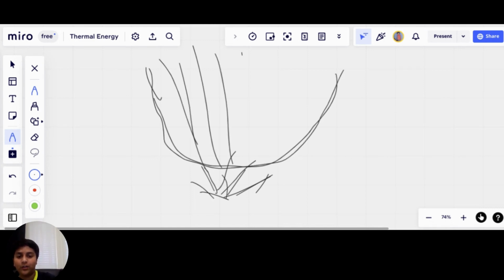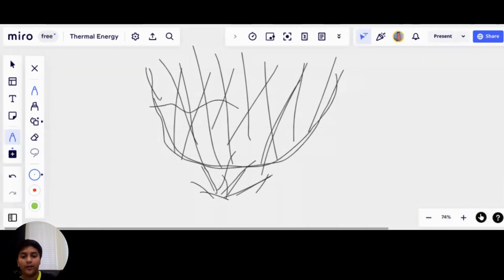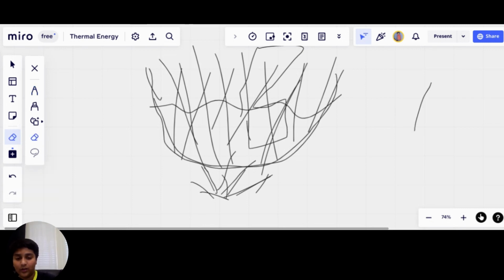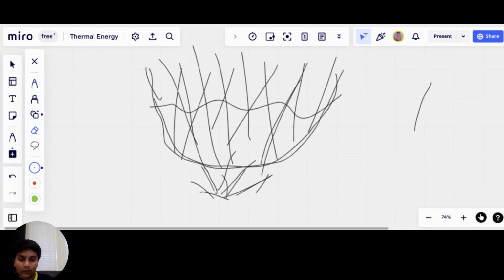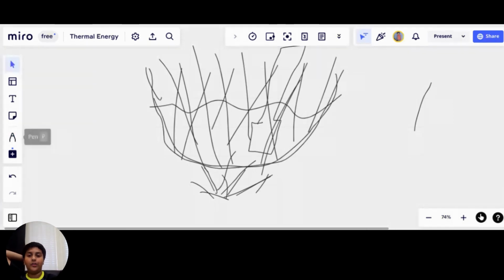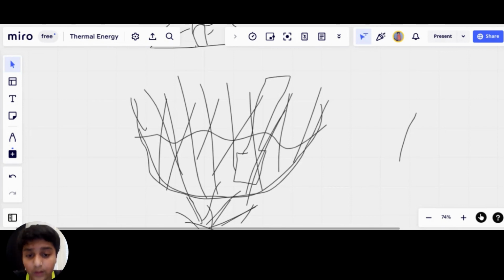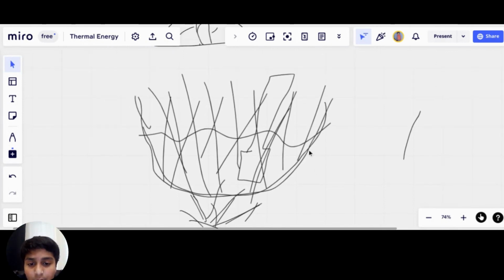These are my pasta noodles, and here's my water, and then here's my metal spatula. Okay, that's a very bad metal spatula, but let me draw it clearly. Okay, that's better.